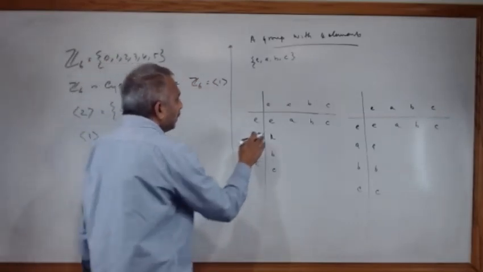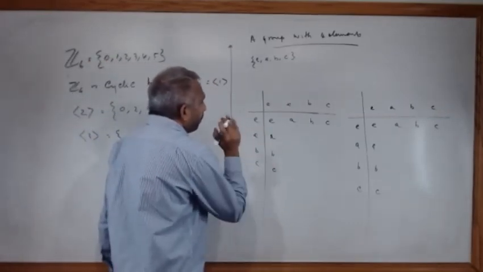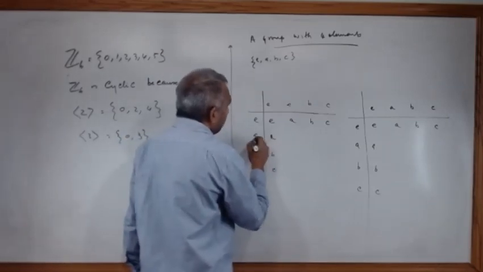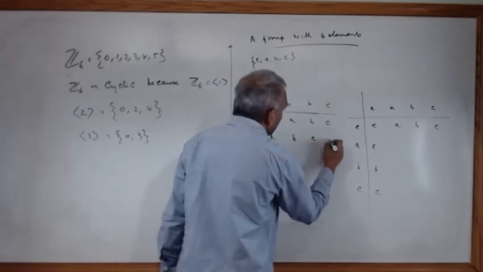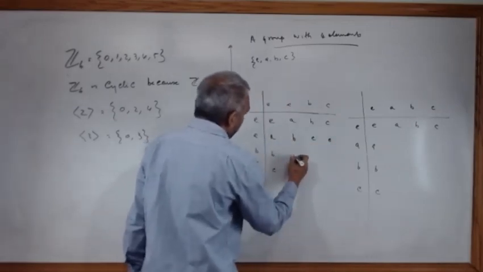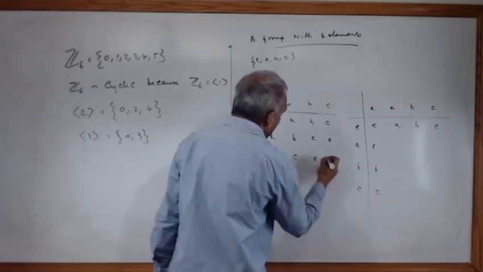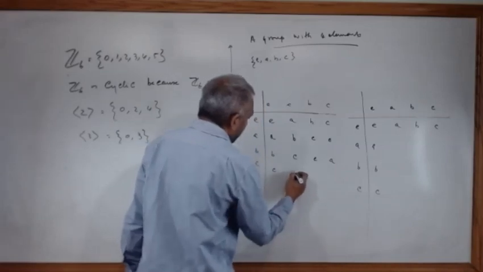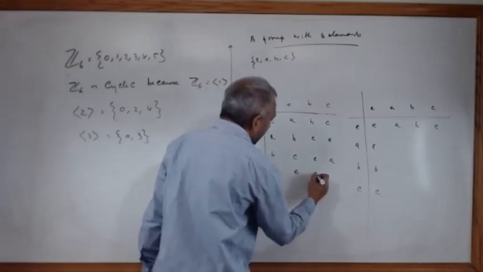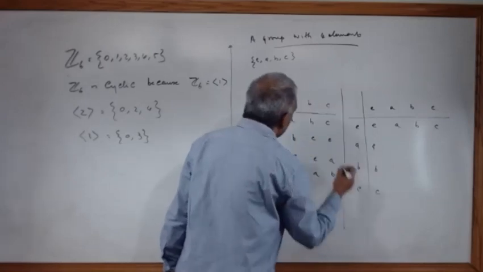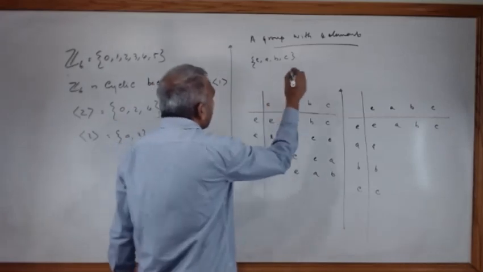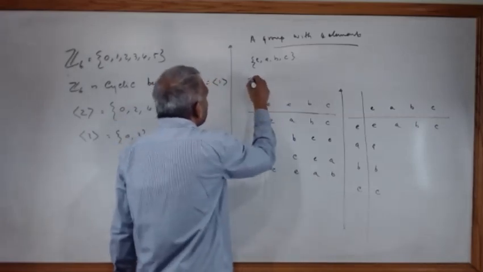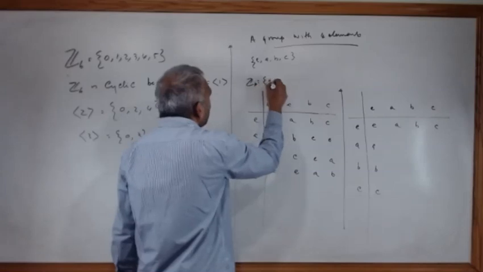Now, one option is that we can write this row as B, C, E, then C, E, A, and this is E, A, B. This is actually the same as C4, that is 0, 1, 2, 3.